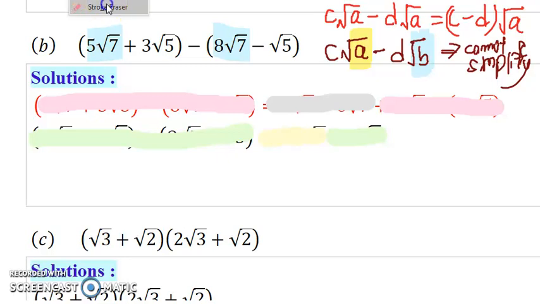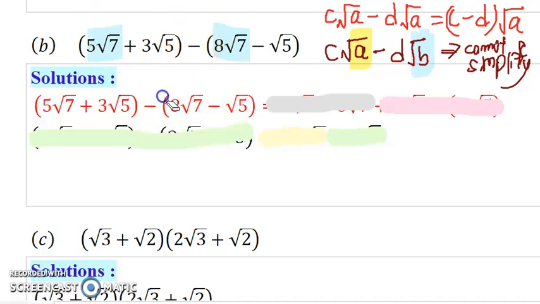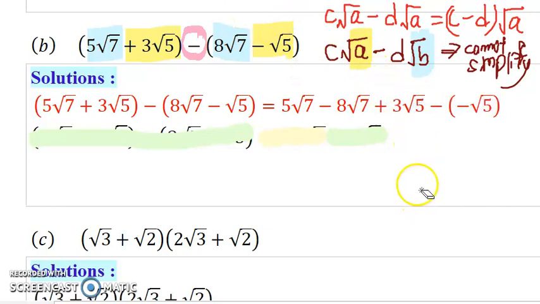So I can have 5 square root of 7 minus 8 square root of 7. On the other hand, I also have the common surd square root of 5 for these two, and the operation is 3 square root of 5 minus negative square root of 5. This is what I have initially.